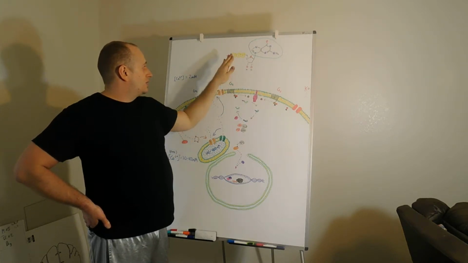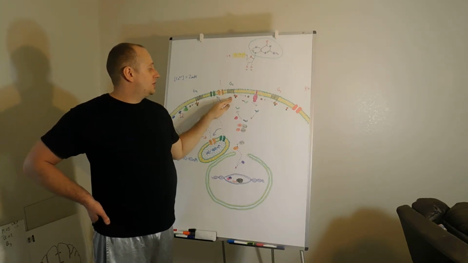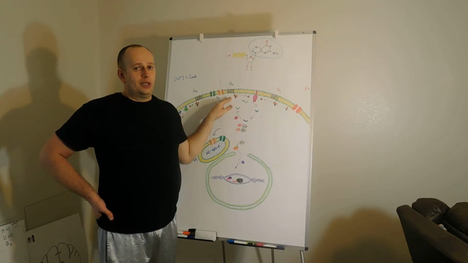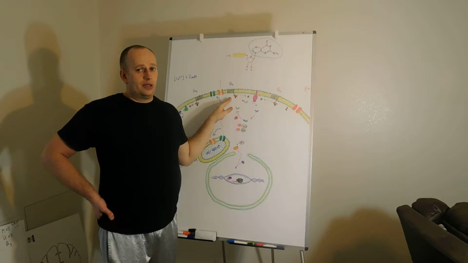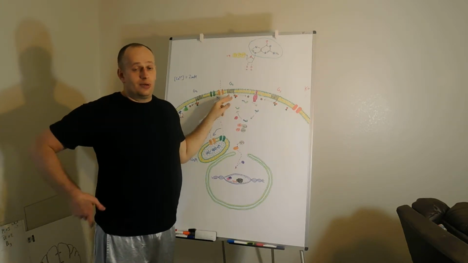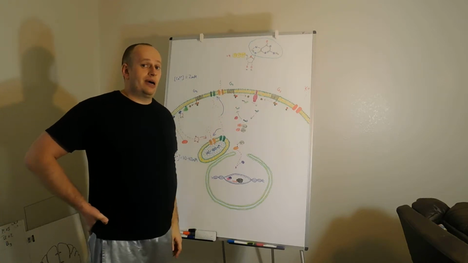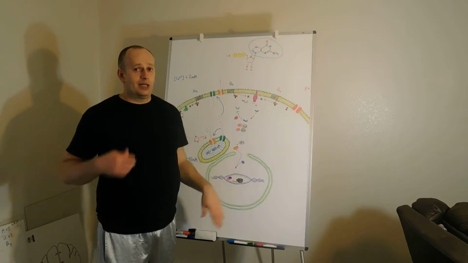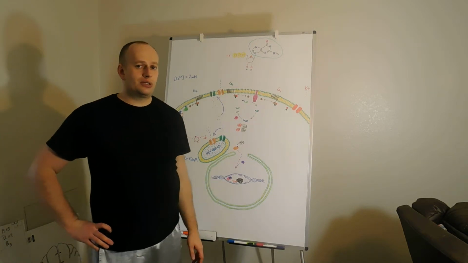When the triphosphate's bound to G protein, it's active. When the GDP, the diphosphate version, is bound, then it is not active. But it's either GTP or GDP usually that's bound to that protein, and that determines whether it's active or not. And that's how GTPases work.